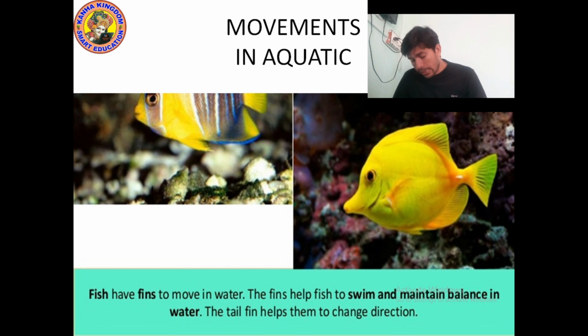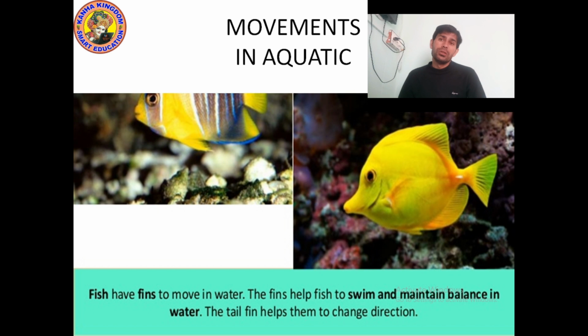Yes, whale is a fish. Starfish is an aquatic animal. Starfish is not a fish, and for fish, you can see the picture of fish. Yes, can you see the picture? So they live in the water, and how do they swim? How do they do locomotion? So fish have fins to move on water.